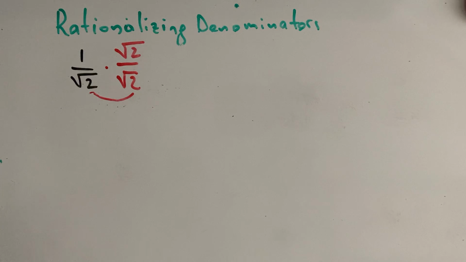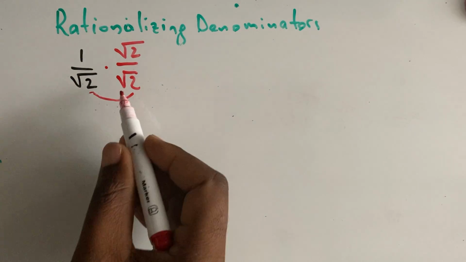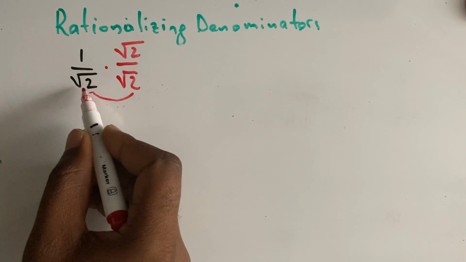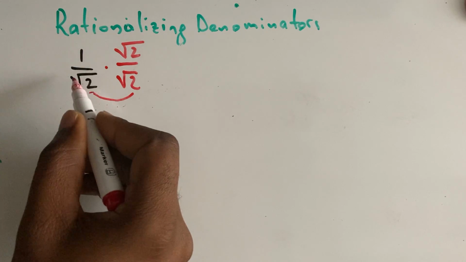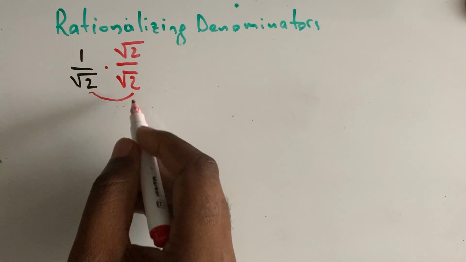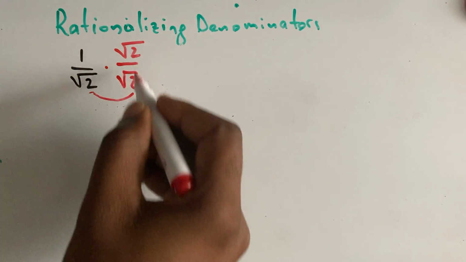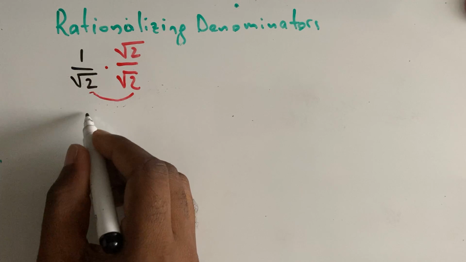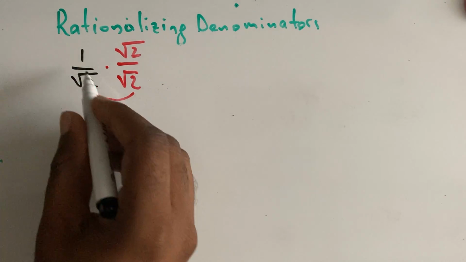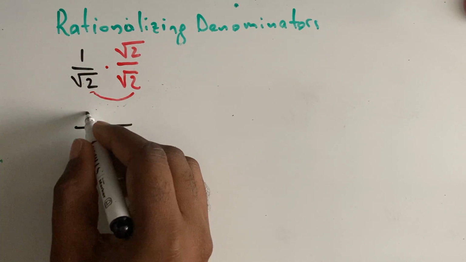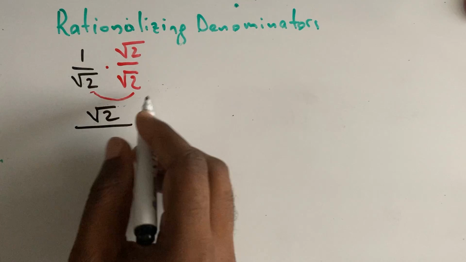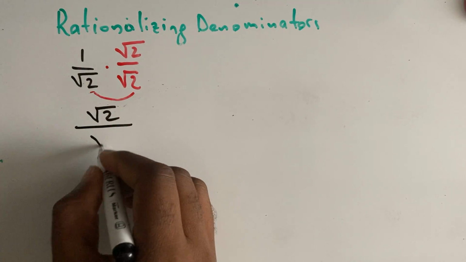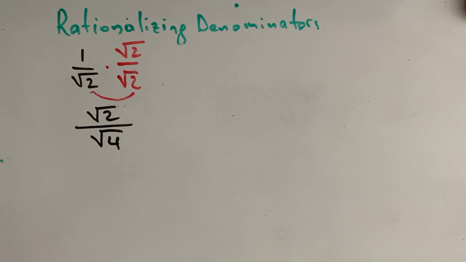All right, so the key here is to make sure you get rid of the radical in the denominator. And to do that, make sure you multiply and divide by the same thing. So in this case, once I do that, on the top I have 1 times square root of 2, which is square root of 2. On the bottom, square root of 2 times square root of 2, which is square root of 4.